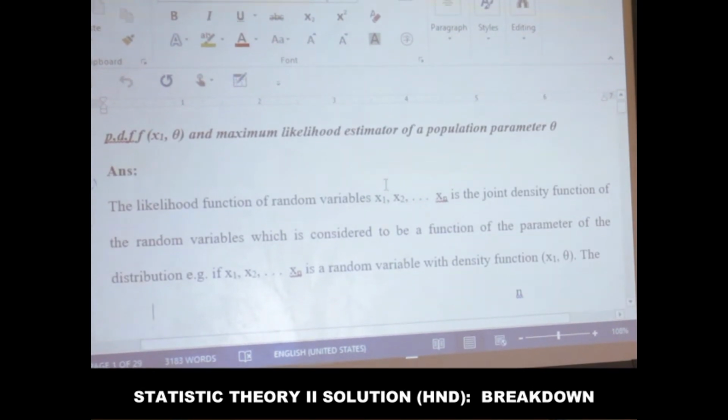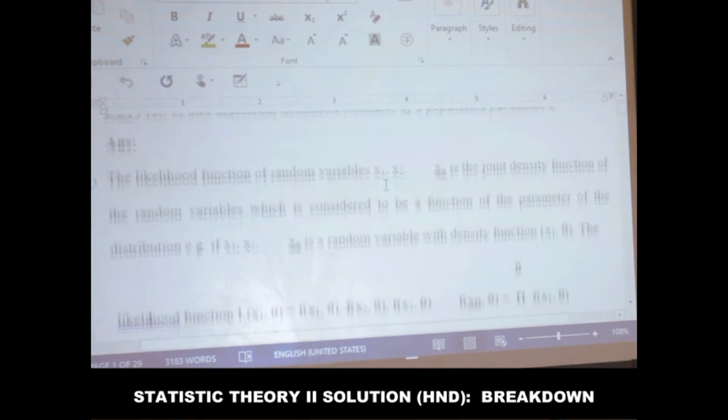Let's go. The likelihood function of random variables x1 to xn is the joint density function of the random variables, which is considered to be a function of the parameter of the distribution.